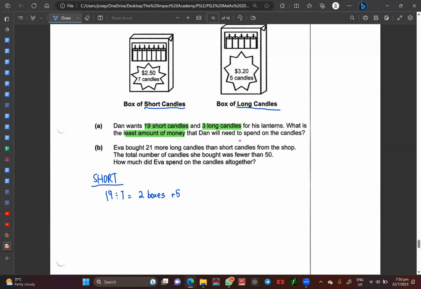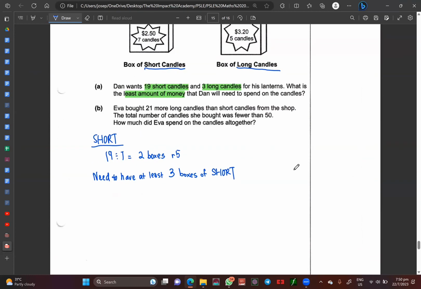That means you need to have at least 3 boxes of short. Now, I know that 1 box is $2.50, so 3 boxes of short will be 3 times 2.50, and that gives me $7.50.